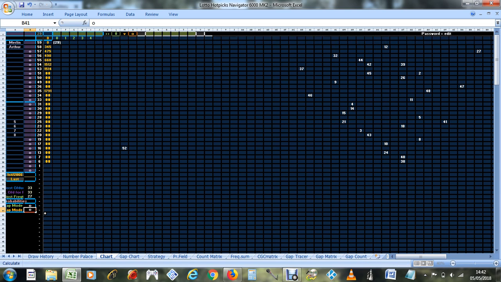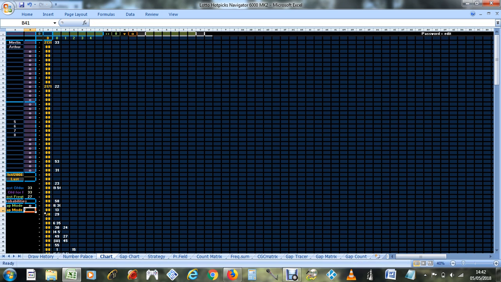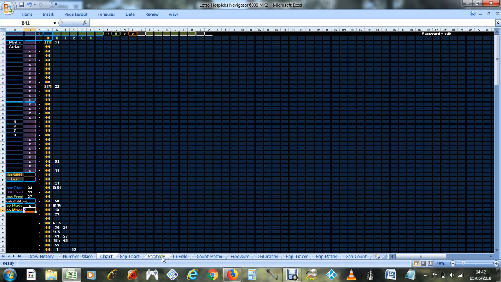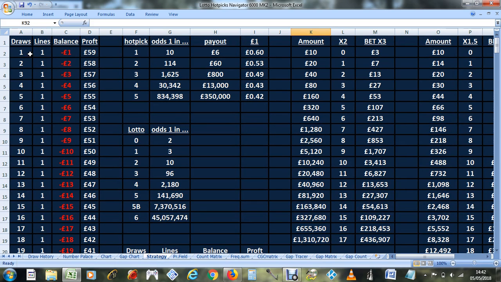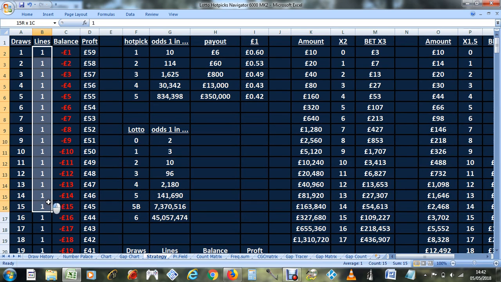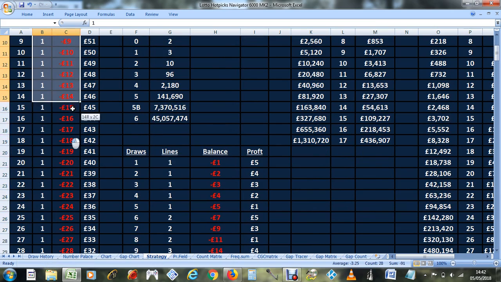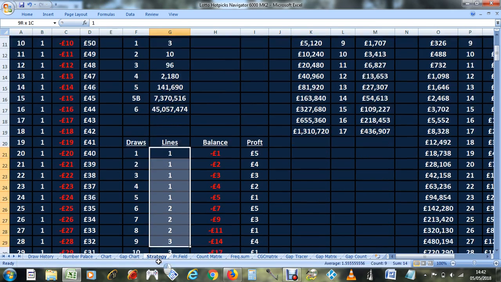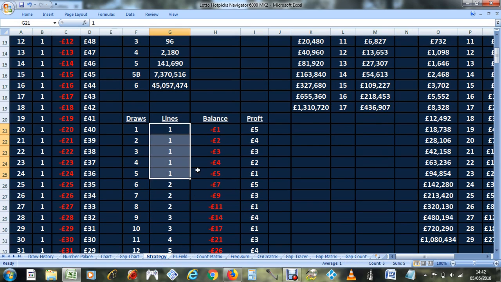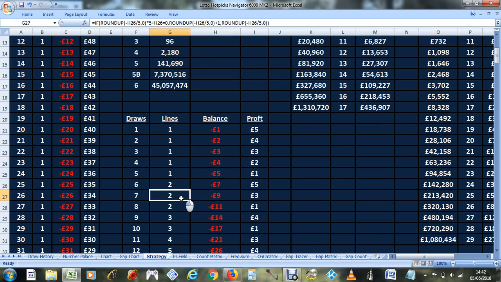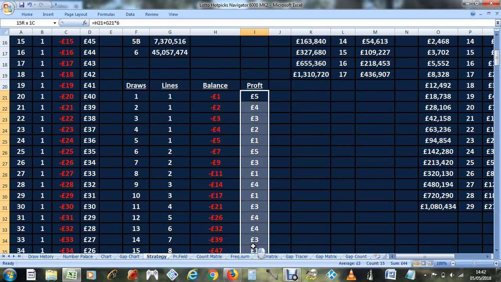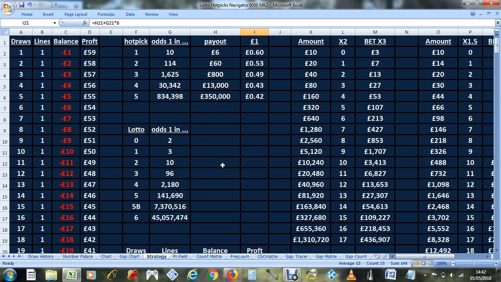So anyway, my money's going to be on number 33. Until it comes out, I'm just going to put one line on that number. If it doesn't come out after 5 draws, put 2 lines on, and I'll eventually make a profit, as long as it doesn't take too long to come out.